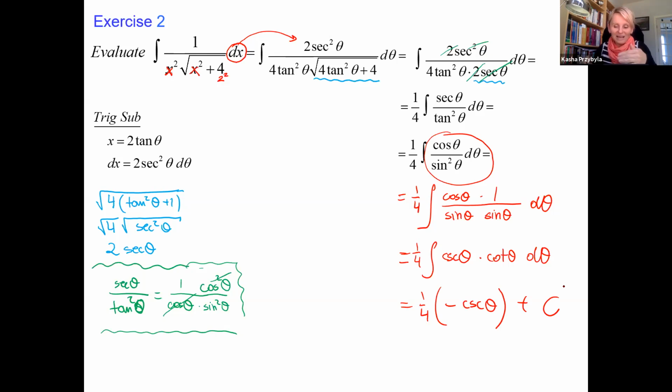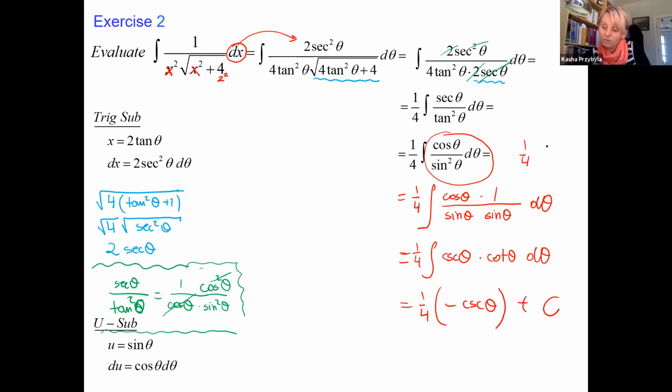If you can see underneath, I used the U substitution. That means another way is to let u be sine theta, and then this is du. That means 1 over u squared.